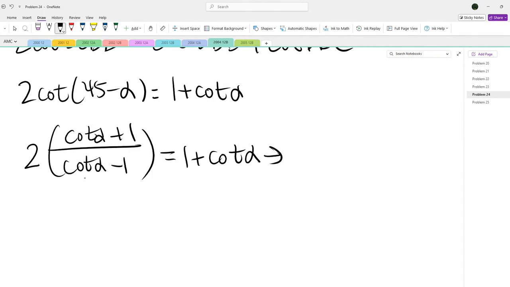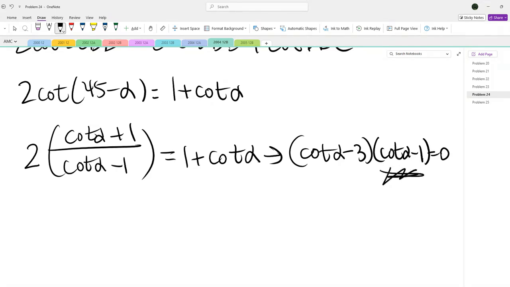And multiplying this out, we'll get that (cotangent alpha minus 3) times (cotangent alpha minus 1) equals 0. Obviously, cotangent alpha can't be equal to minus 1 because alpha is less than 90 degrees. So cotangent alpha must be equal to 3.